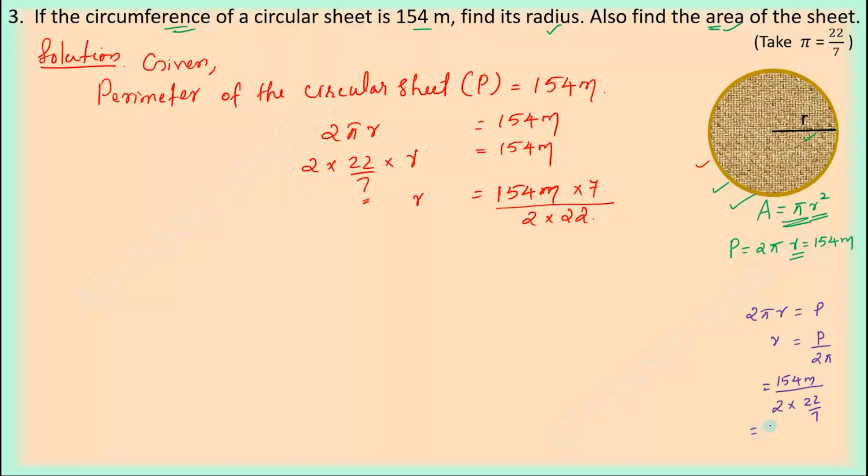Since 22 by 7 is a fraction in the denominator, we have to take the reciprocal of this. The reciprocal of 22 by 7 is 7 by 22, and here you multiply with that. That is here what we get, 154 meter into 7 divided by 2 into 22. The same only we are getting.